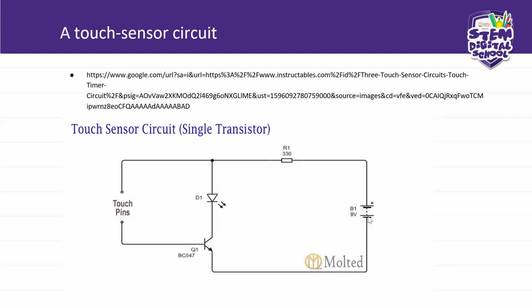That is another way of indicating your power source in your circuit, but then you must indicate its value. B1 is battery 1, 9V is the description of this power source, okay? Because you can even do a 6V power source like this. So we need to know when you are marking your circuit.